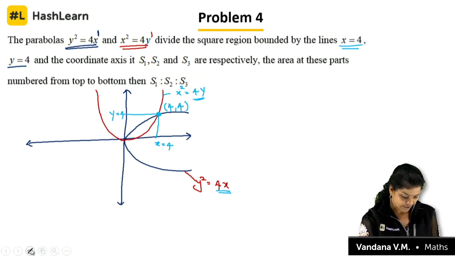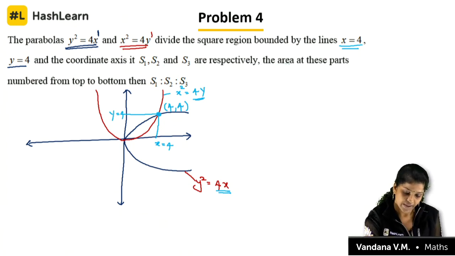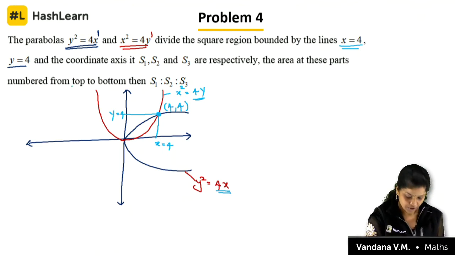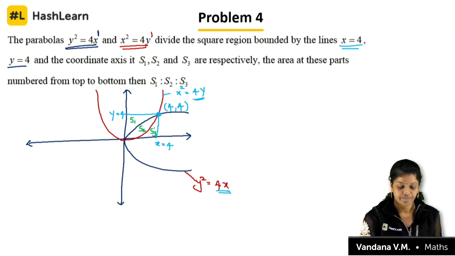Now what they are telling, whatever the area with the coordinate axis, it is S1, S2 and S3 respectively. So that means the areas in these parts are numbered from top to bottom. So this is S1, this is S2, this is S3.